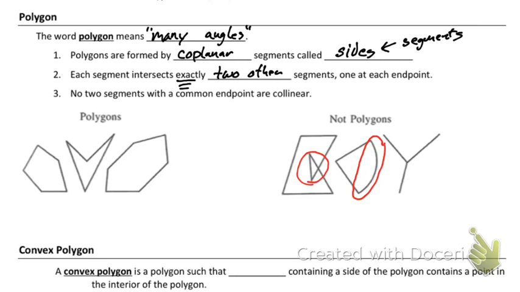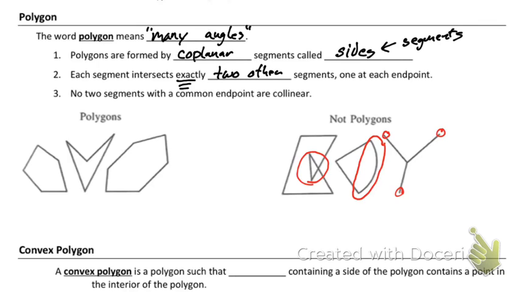And the last one isn't a polygon because it's not intersecting at exactly two other segments. This segment right here only connects to ones on this side, not on the other side, because it has to be two other segments, one at each endpoint. These all have endpoints that aren't connected to something. So these are definitely not polygons.